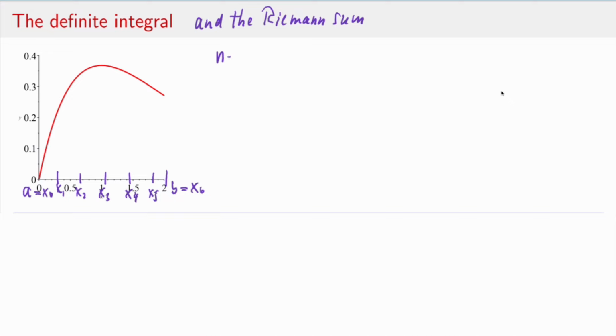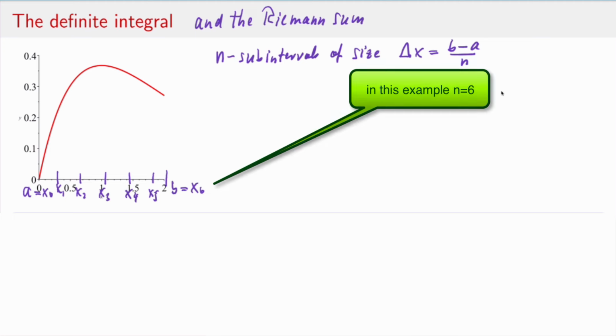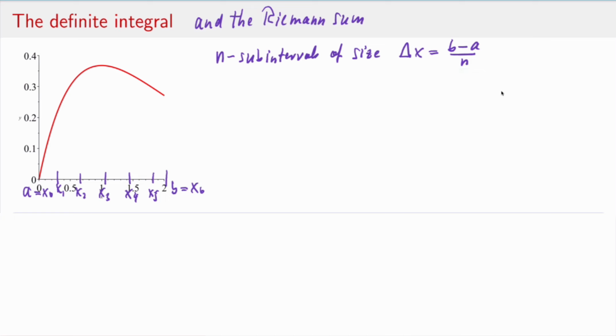So I make n subintervals of size, and then I call this delta x. So delta x is b minus a divided by n. Okay, so then n times delta x is the whole length, which is b minus a. And then in each of these subintervals, so let's maybe draw the rectangle on x3 and x4. So here.